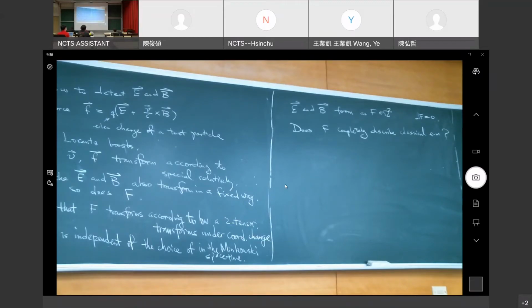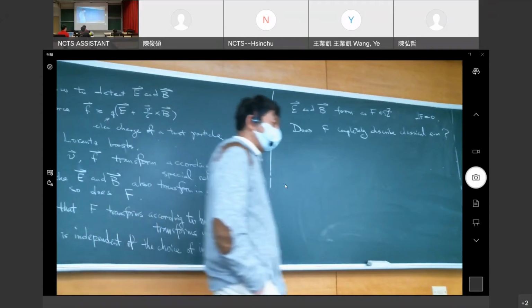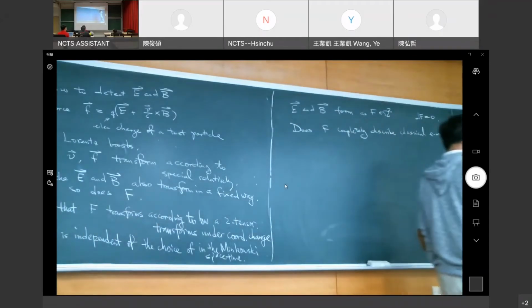And the other half, the second group of equations, is dynamical, and it has no immediate relation with geometry.